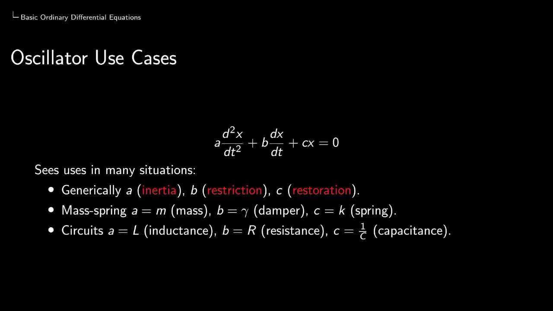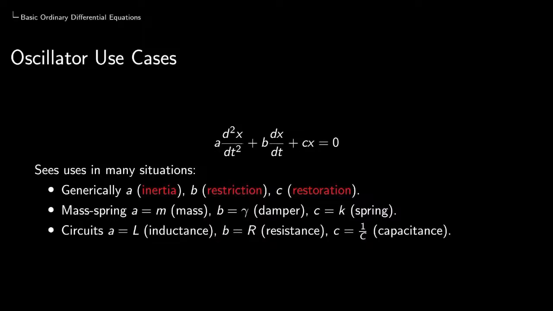So, two common examples that we will discuss, the first is the mass spring system. If we have a mass, that is assigned the value of A. That describes the inertia of the system. B is often denoted in a mass spring system as gamma.